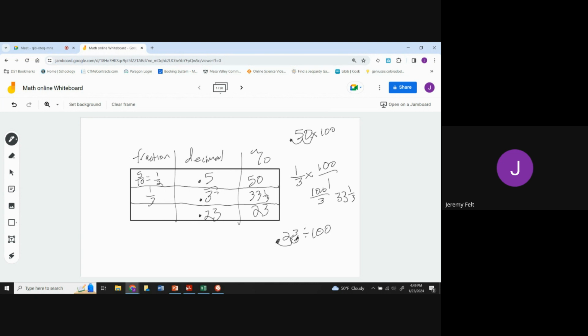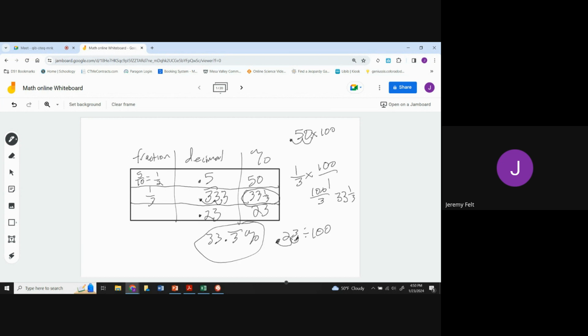Or if you want to think of it as 3 continuing on forever, and you move the decimal 2 places to the right, you'd write it as 33.3 repeating forever percent. Since these two are the exact same thing, I'll take either way. The book and the test usually want it written like this, but I'll take either form.